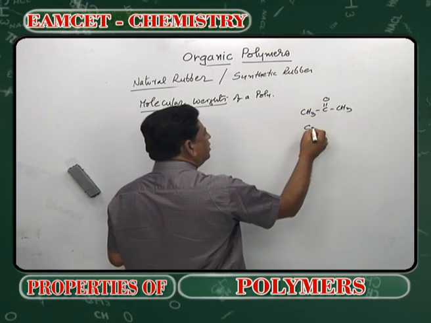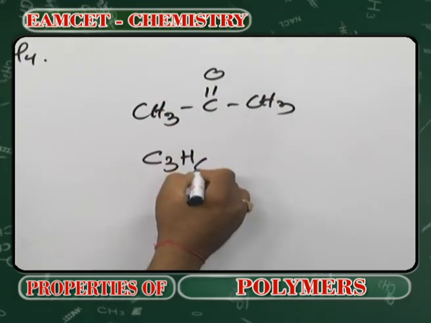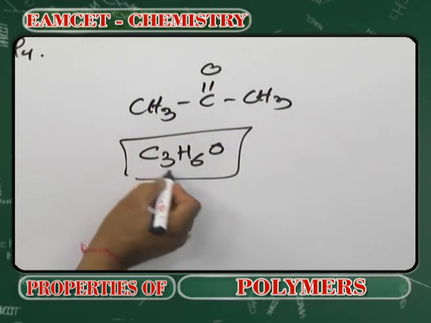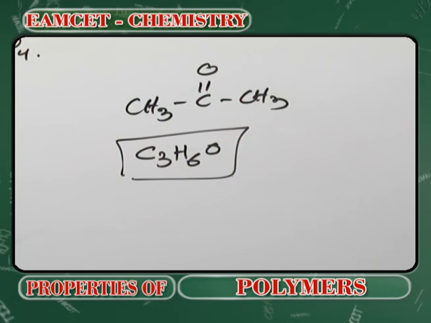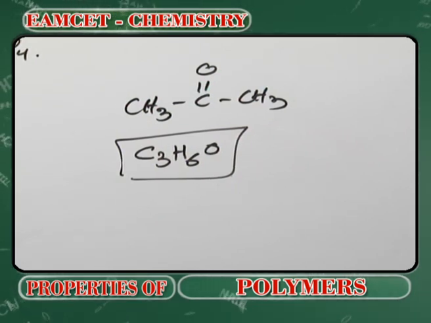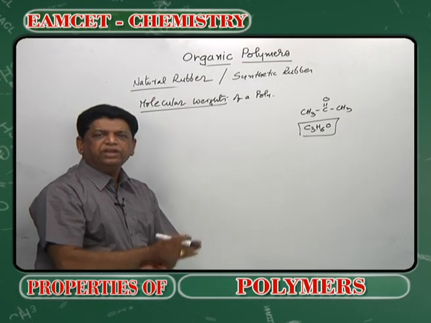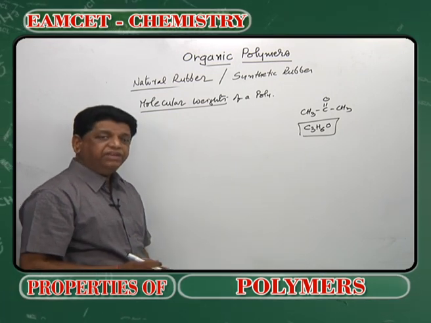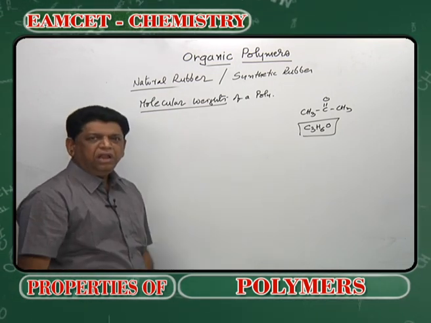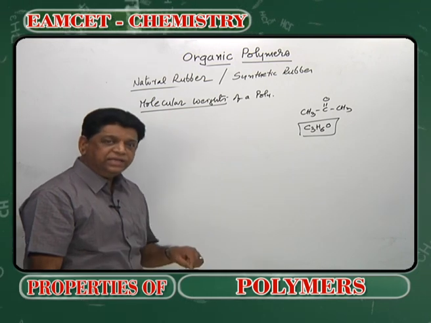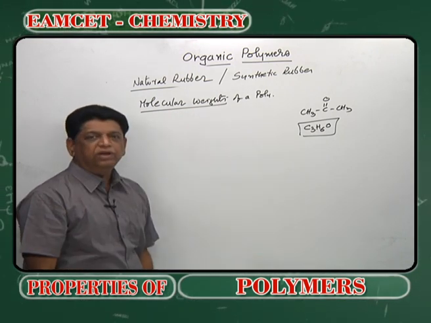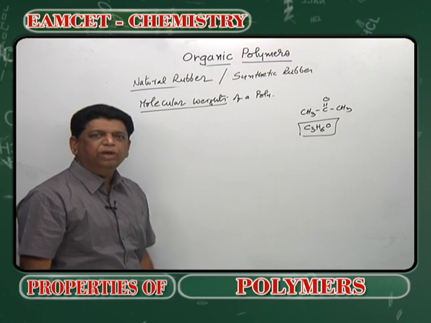Its molecular formula will be C3H6O. Combining all the atomic weights, you will get the molecular weight of the acetone. So, if a liter of acetone is given and you are asked to calculate the molecular weight of the compound, it is very simple. All the molecules will have identical structure, identical molecular formula, therefore, identical molecular weight.